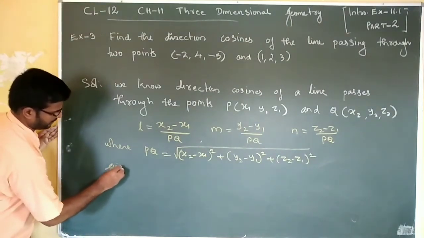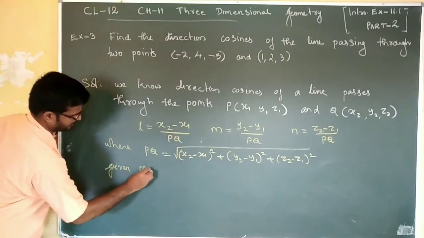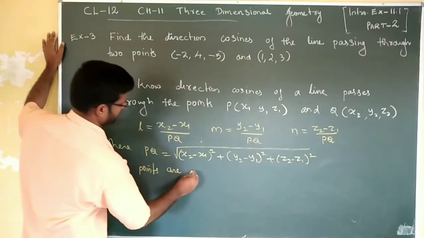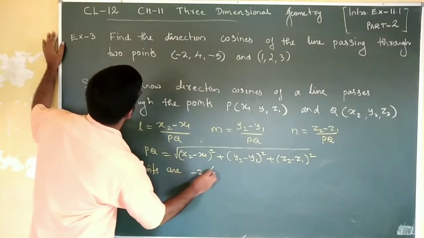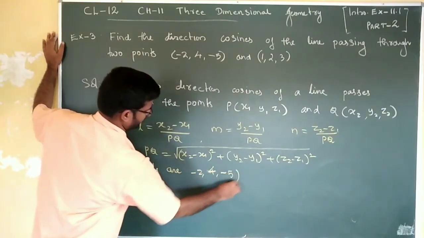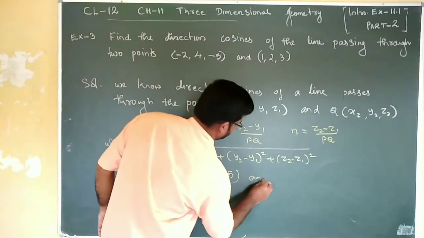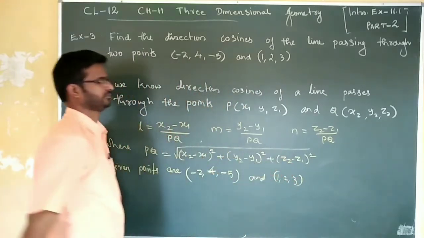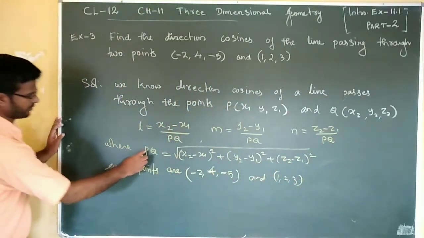Then the given points are: first point is minus 2, 4, minus 5, and second point is 1, 2, 3. First we can find PQ.